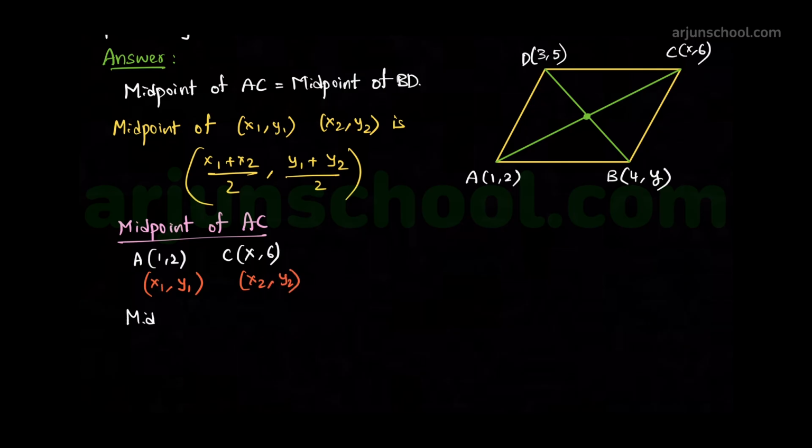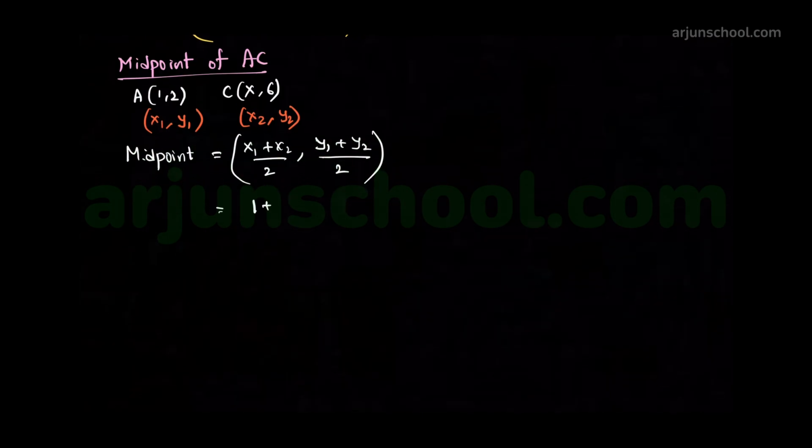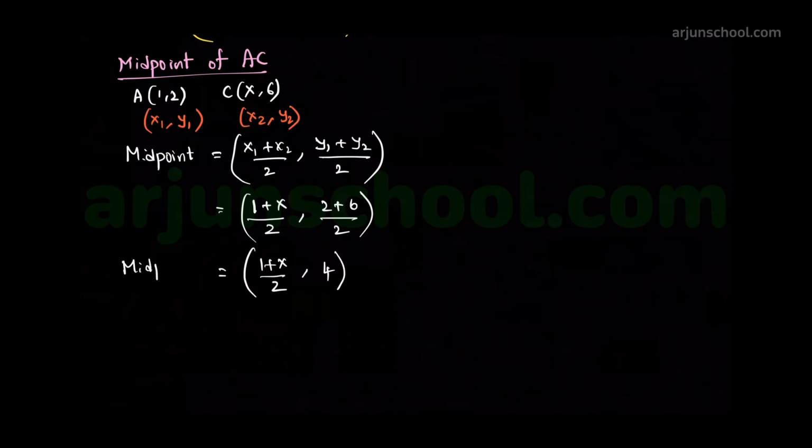Midpoint of AC is equal to ((x1 + x2)/2, (y1 + y2)/2), that is ((1 + x)/2, (2 + 6)/2). 2 plus 6 is 8, 8 by 2 is 4. Therefore, the midpoint of AC is ((1 + x)/2, 4).